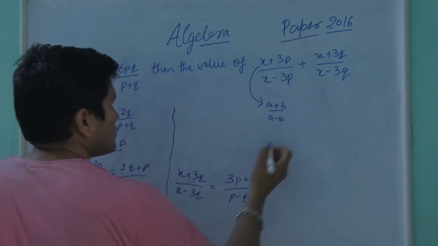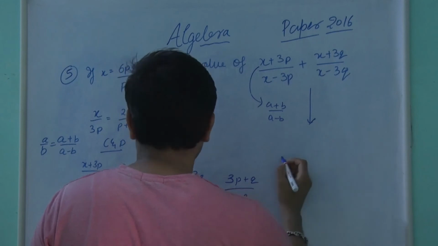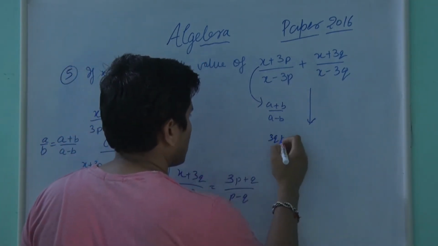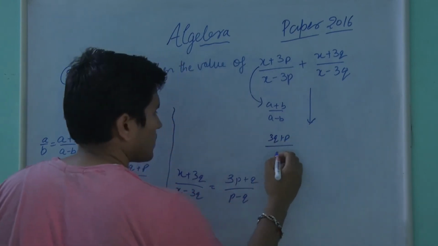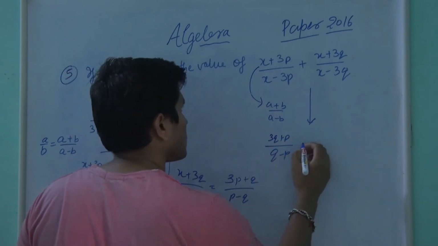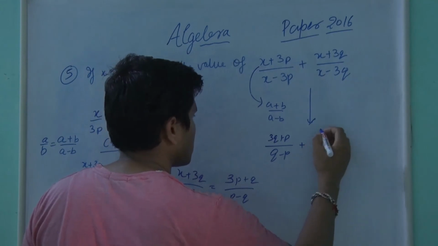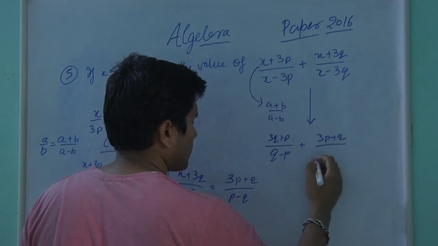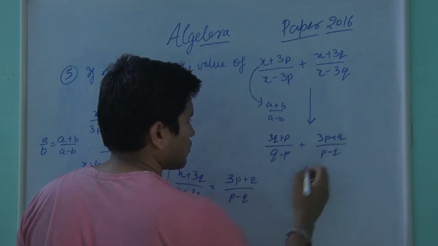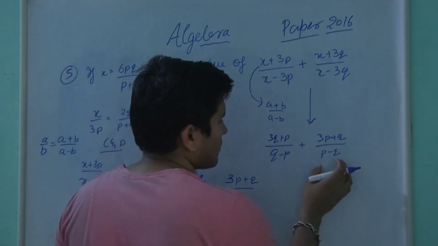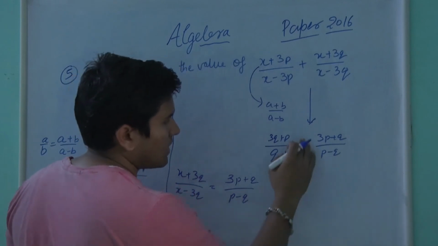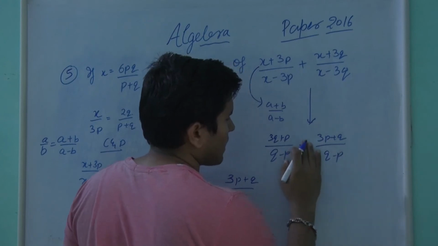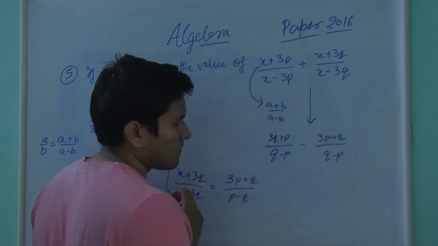If we put both the values here, then we get 3q plus p upon q minus p plus 3p plus q upon p minus q. You can take out minus from this side and it will become q minus p, and we will have minus here.